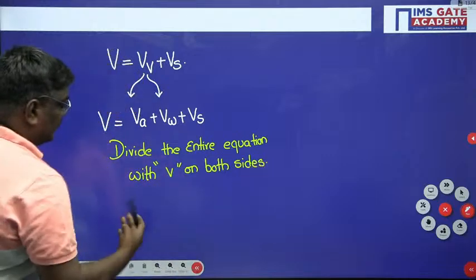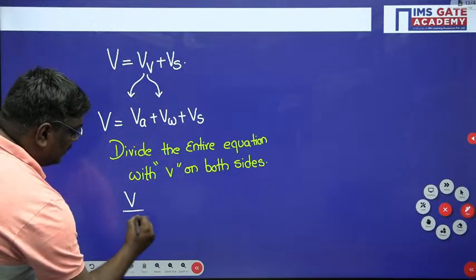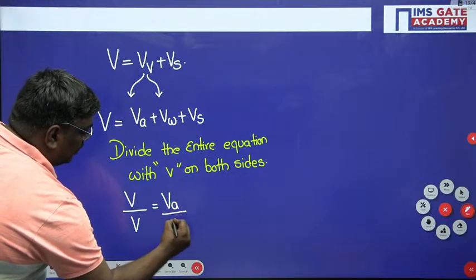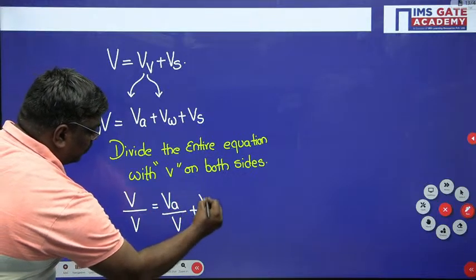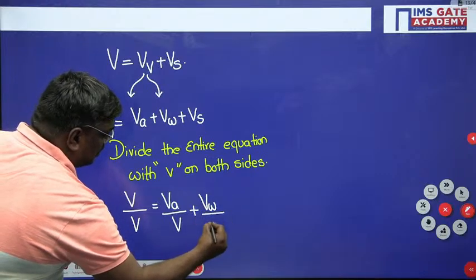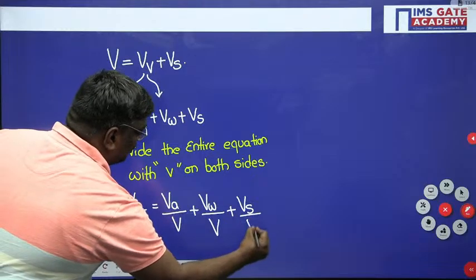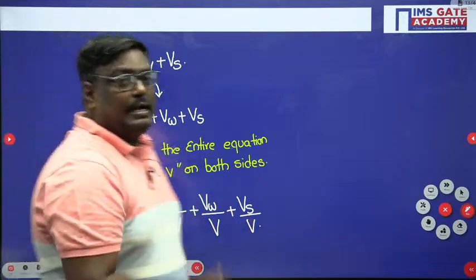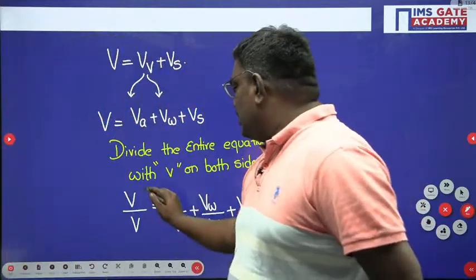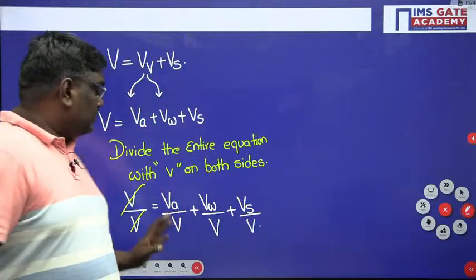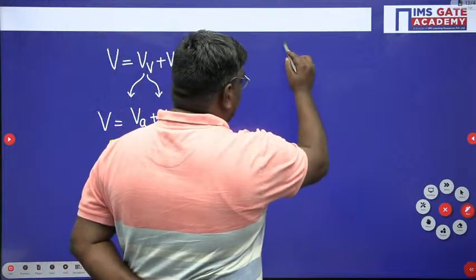Now I can write V by V is equal to volume of air upon total volume plus volume of water upon total volume plus volume of solids upon total volume. Now, see students, I would like to tell you here, volume of voids cancel. Very good, Rocky.